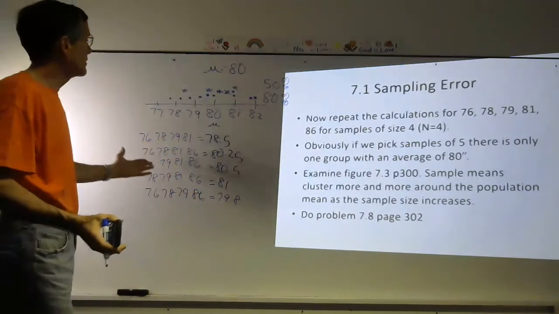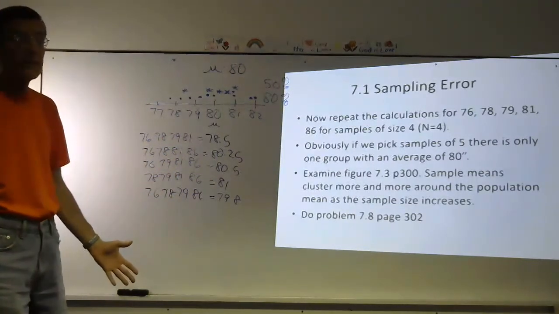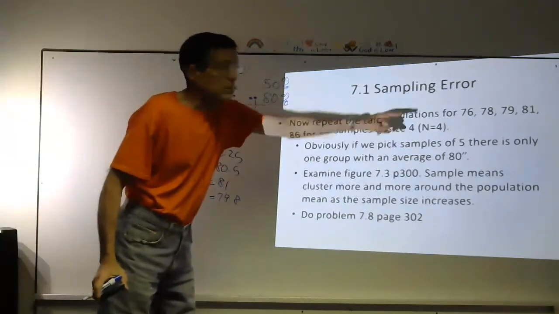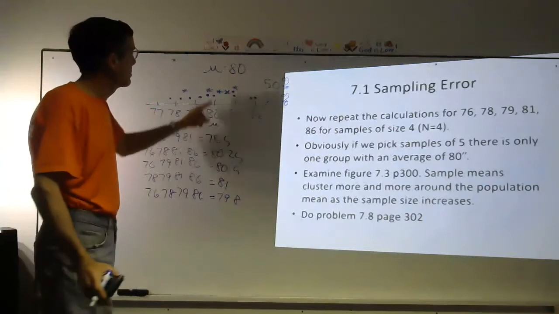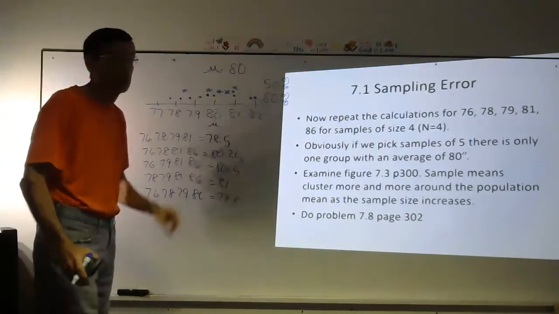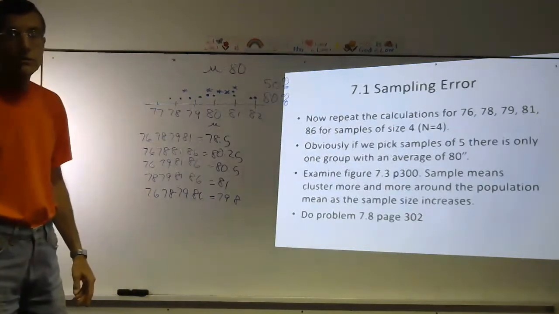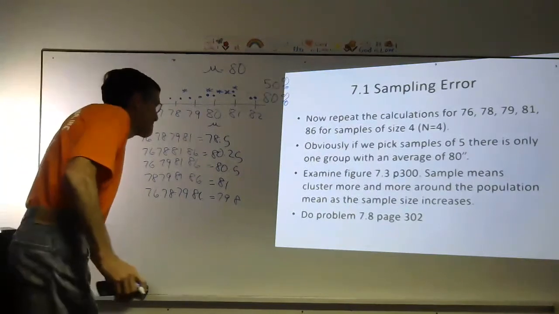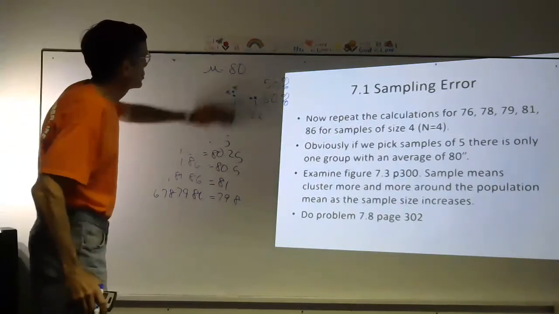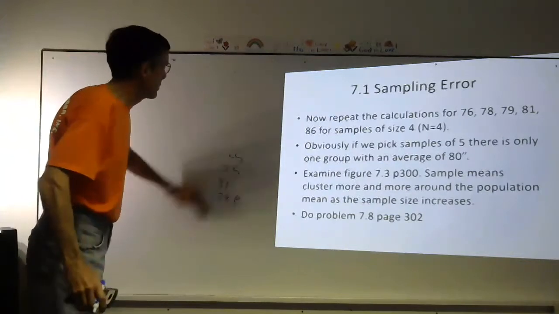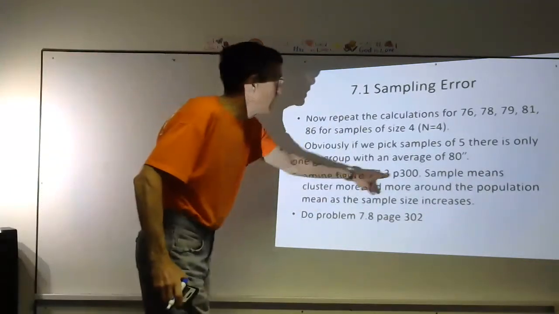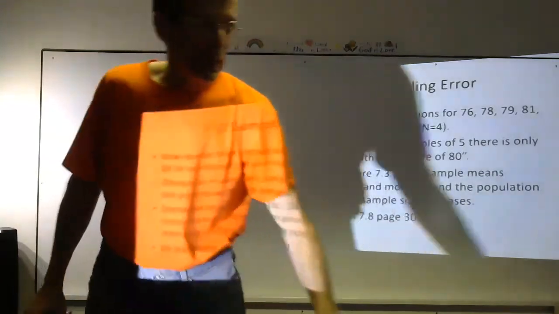Okay, what if we went to samples of size 5? There's only one group of samples of size 5, and the sample mean is the same as the population, and that would be 100% of them are within plus or minus 1 inch. Okay? There's a great picture on page 300 in your textbook, at the bottom of the page.